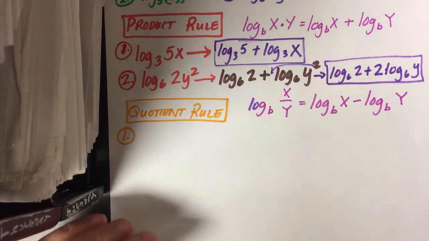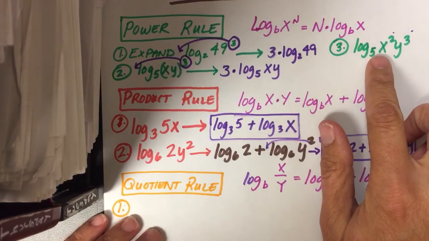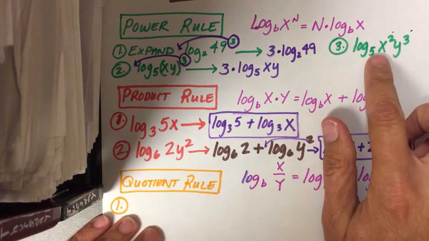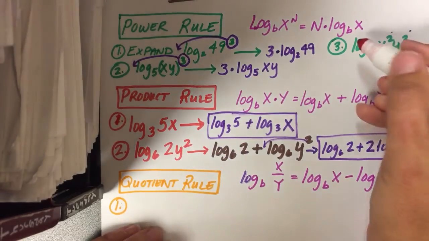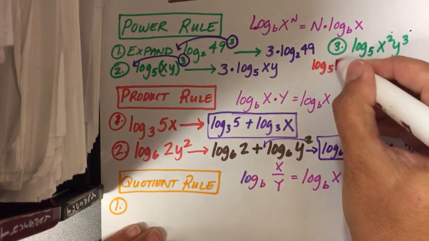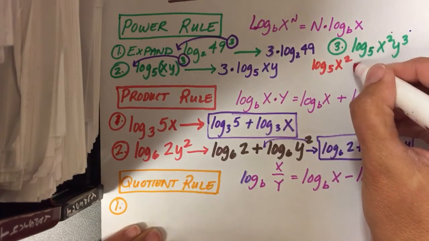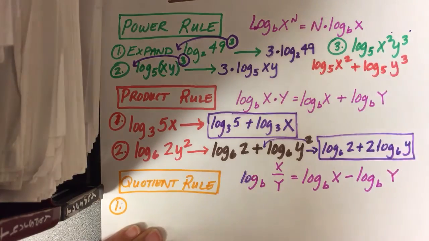Okay, so before we go into the quotient rule, let's go back and let's examine this one. Now, do you see a product rule here? We can actually use the product rule. So now I'm going to take this and make it log base 5 of x squared plus log base 5 of y cubed.